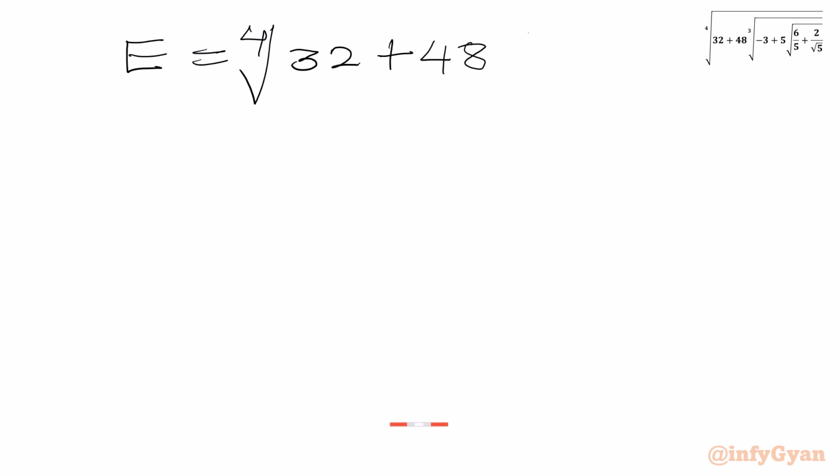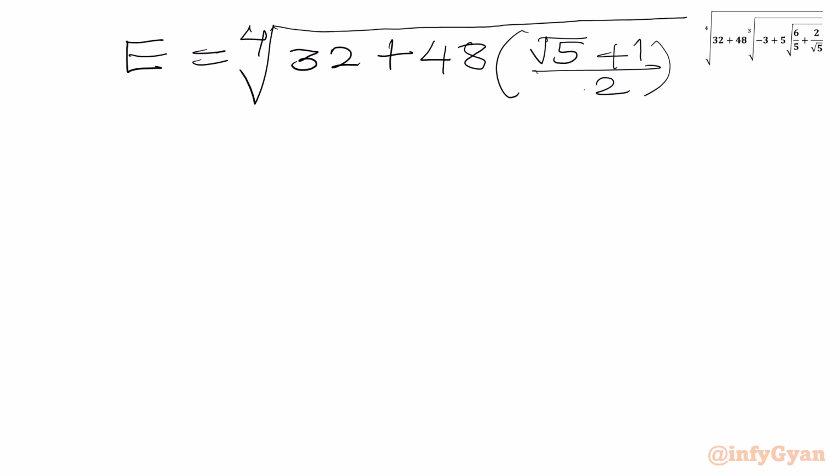Up to this cube root, we have square root 5 plus 1 over 2. So I can write the expression equal to the fourth root of 32 plus 48 times square root 5 plus 1 over 2. Now I will cancel this denominator 2 and this 48, so it will be 24.